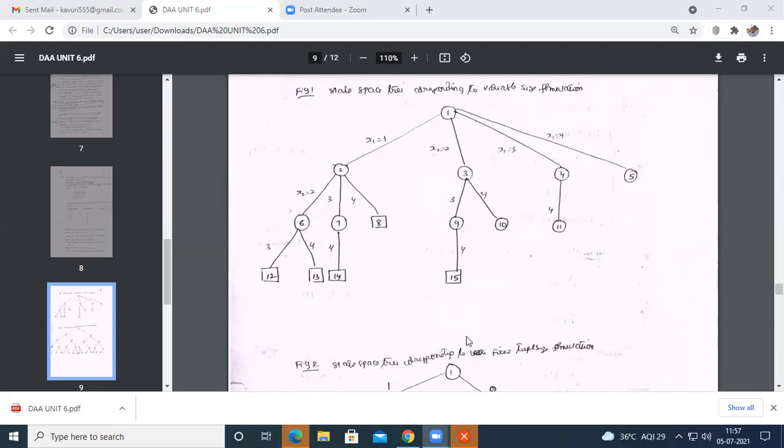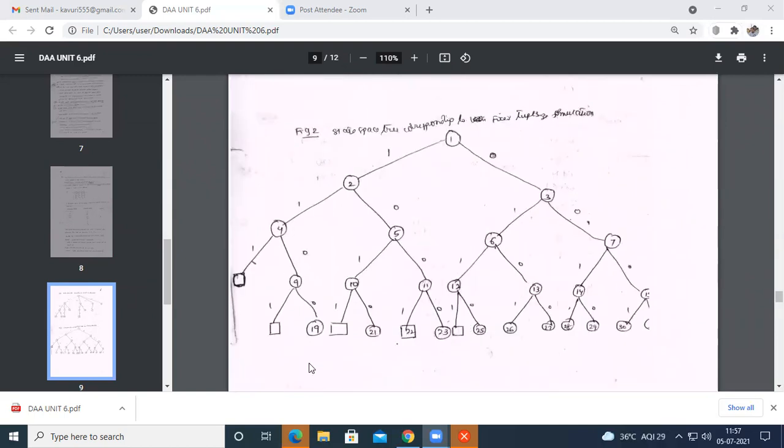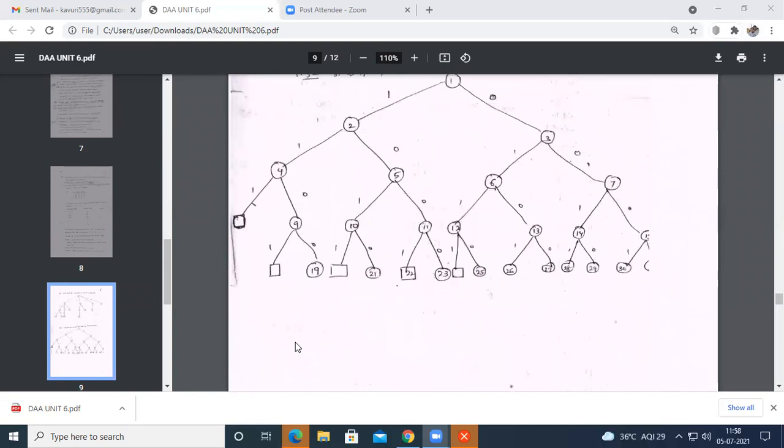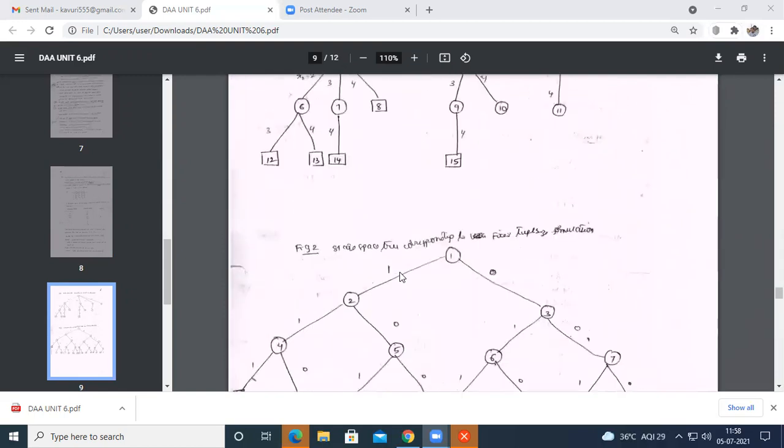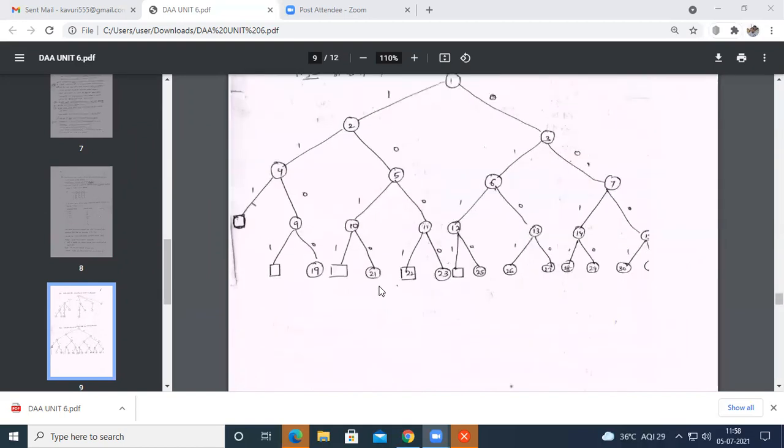Next, in the fixed number of tuples representation, the square nodes represent infeasible solutions and the non-square leaf nodes represent feasible solutions. In the second representation, the leaf nodes with non-squares, that is circle nodes, represent feasible solutions.